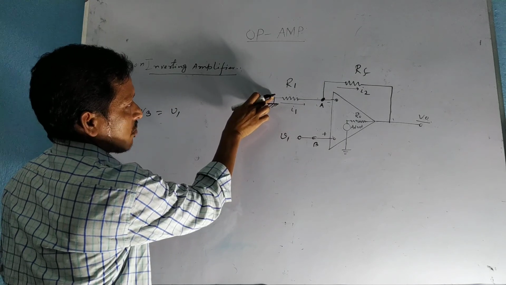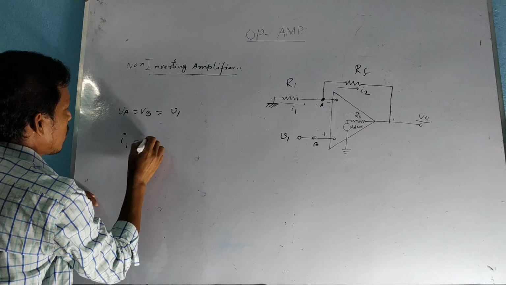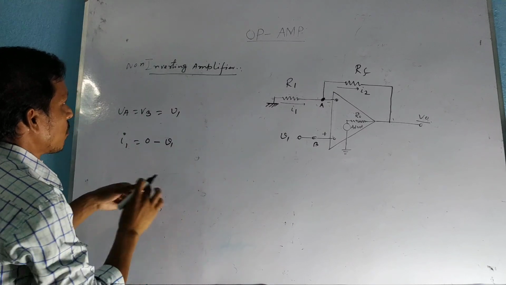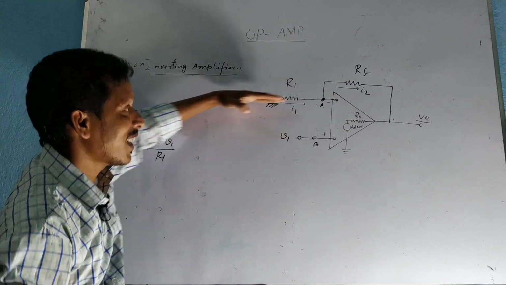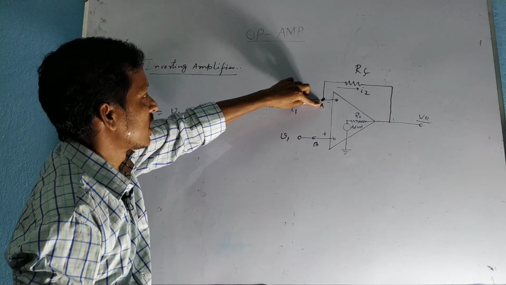this point remains at zero potential, but if we consider the current flowing in that direction, then I1 equals 0 minus V1 by R1, because if we consider the current flowing in that direction, that means this point remains at a higher potential than this point.